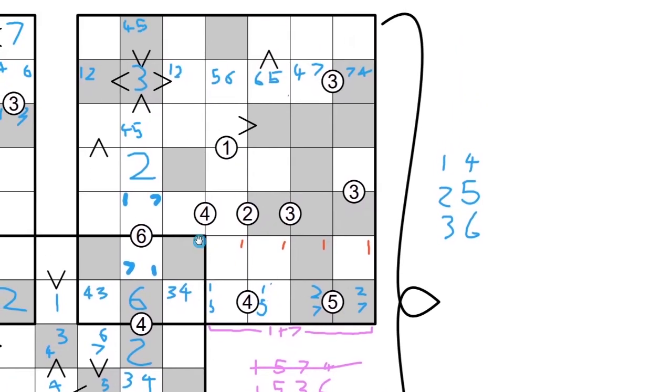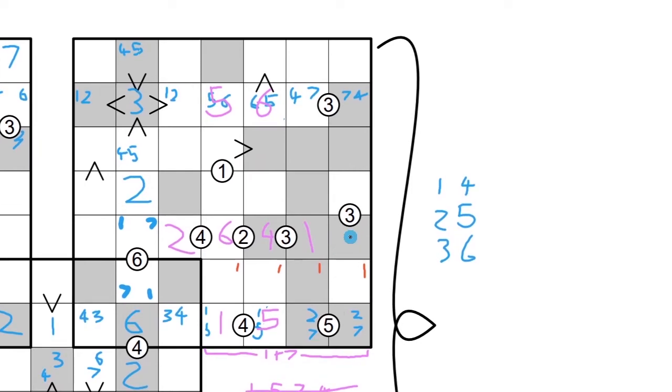2, 6, 4, 1. So that makes that a 5. Makes that a 6. Makes that a 1 and that a 5. That one works fine. Any issues after that?